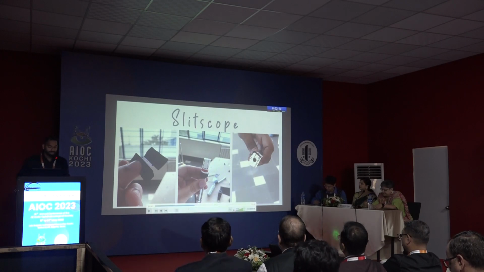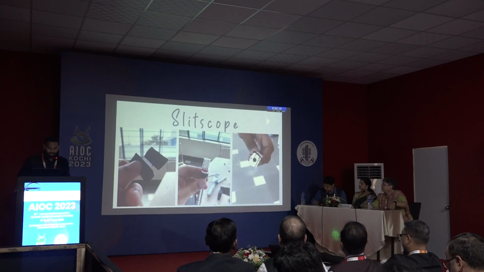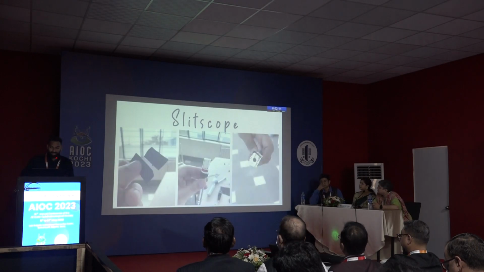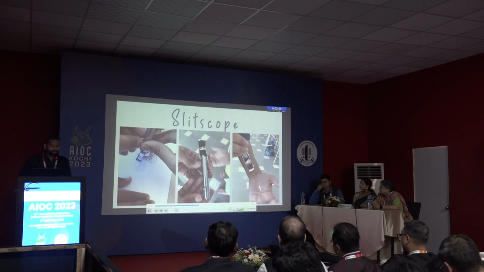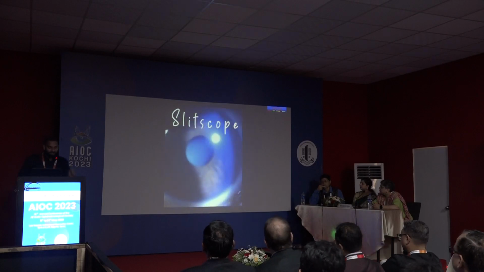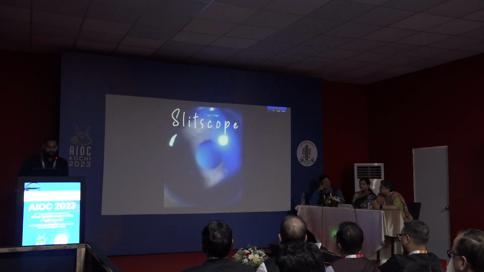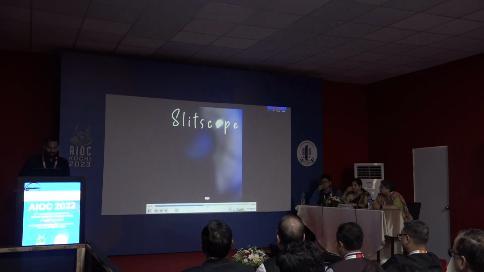This one was a cut piece of a marker, and this is the intraocular lens. With this, we made the adapter, which actually brings us the slit. As you can see over here, we could actually get the slit of the slit lamp. So this is the first image that we made. This was a slit of my own eye.